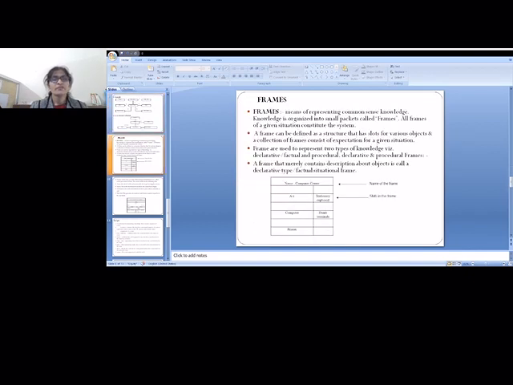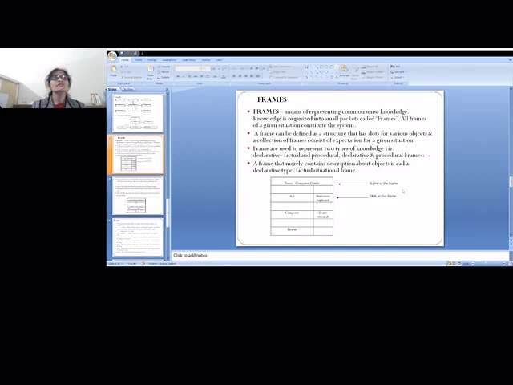Next is frame. What does frame mean? Frame means representing common sense knowledge. Knowledge is organized into small packets called frames, and all frames of a given situation constitute the system. A frame can be defined as a structure that has slots for various objects, and the collection of frames consists of expectations for a given situation.